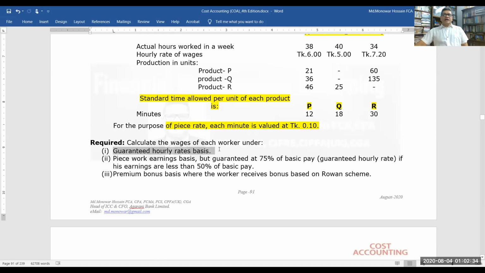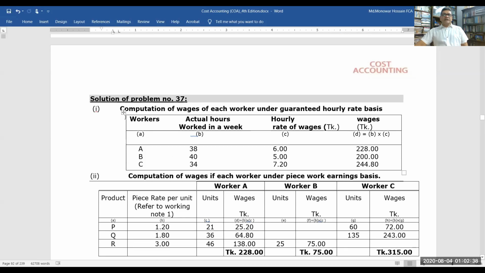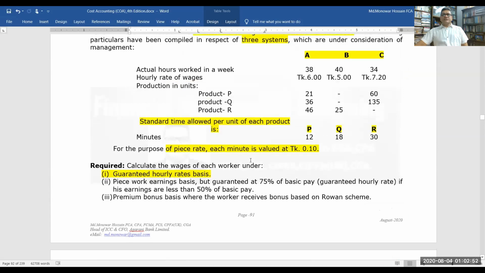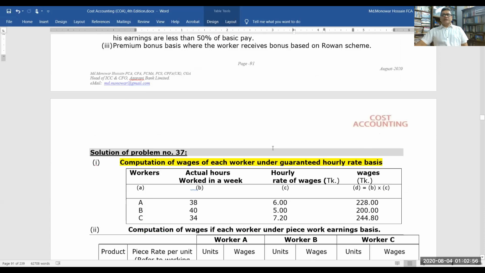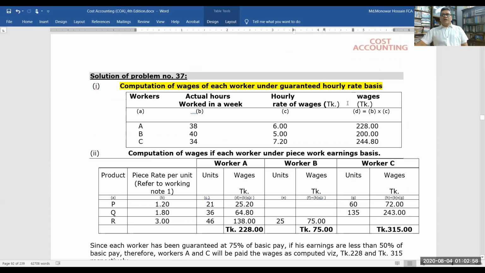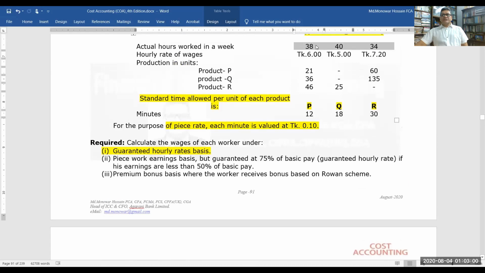First, the guaranteed hourly rate basis. Come here, this is the calculation. Look here, workers A, B, C, the 3 workers. The actual hours worked in the week are 38, 40, and 34. And the hourly rate wages are 6, 5, and 7.2.